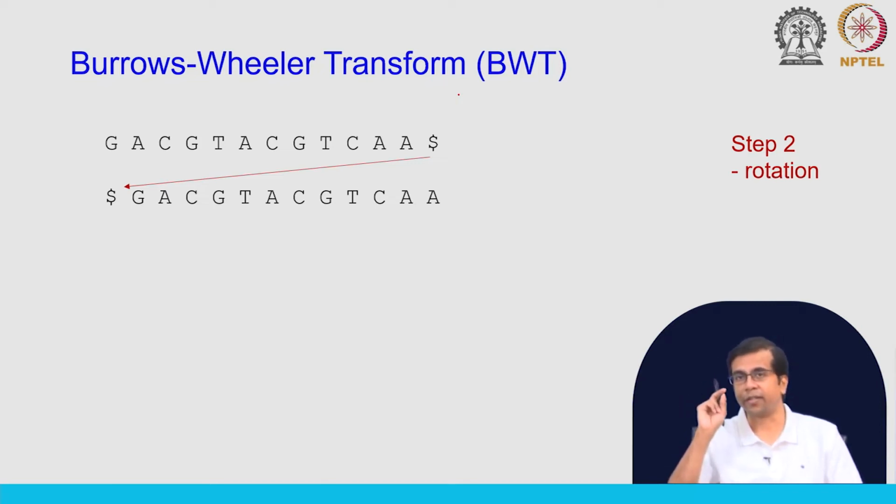Of course, the start letter will change, and the string will rotate. So, that is what we are doing. You can visualize this: we are bringing dollar first and then shifting the rest towards the end. Then we have dollar first, then the rest of the letters, and we continue this process until we go back to the original string.